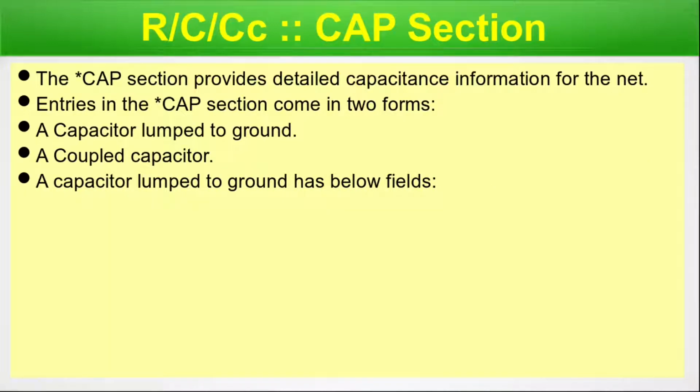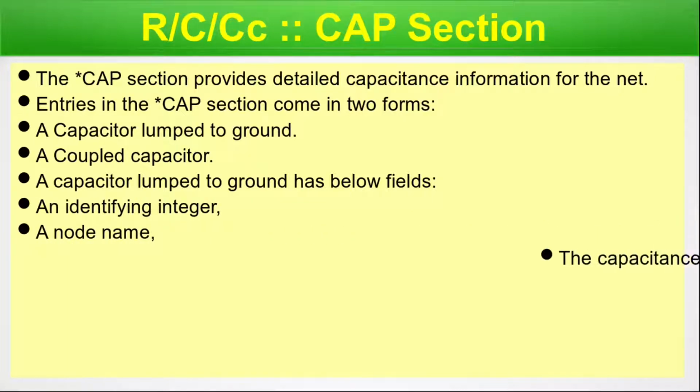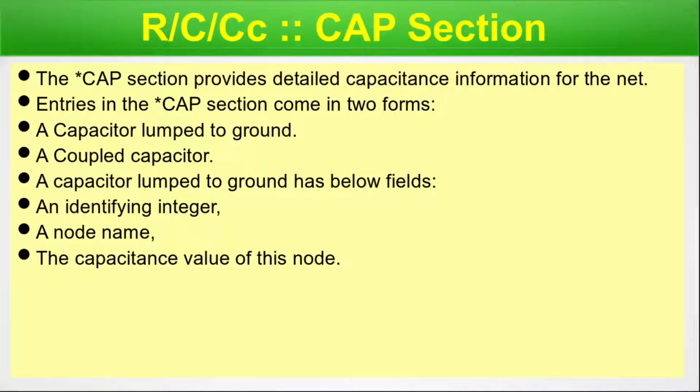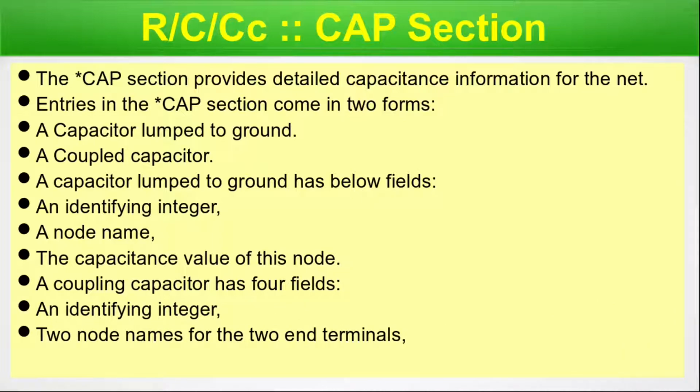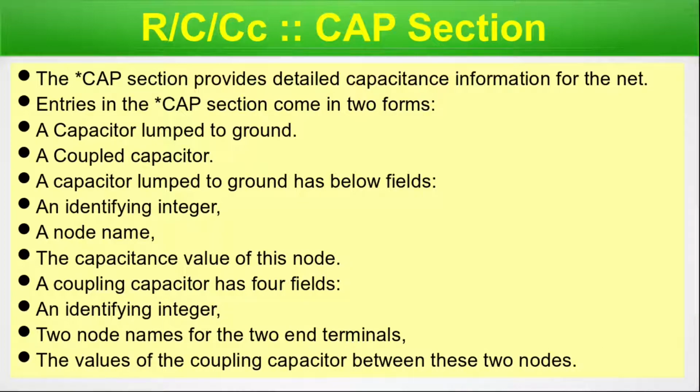A capacitor lumped to the ground has the below fields: an identifying integer, a node name, and the capacitance value of this node. A coupling capacitor has four fields: an identifying integer, two node names of the two end terminals, and the value of the coupling capacitor between these two nodes.